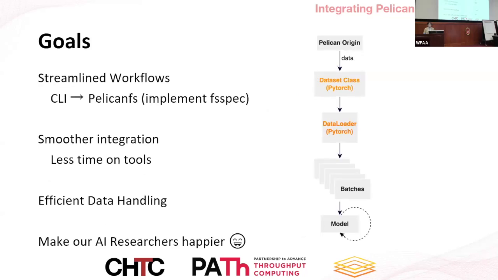So our goal is, first, to streamline the workflow. Before, we could only use the CLI tool of Pelican to fetch the data from the origin. In this way, you need to download the data first and train the model using Python separately. However, my mentor wrote Pelican FS, which implements the FS-backed. FS-backed is a Pelican specification of the file system interface.